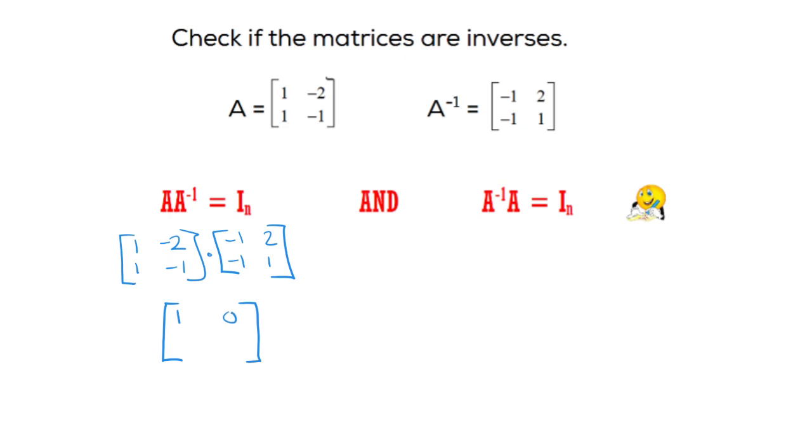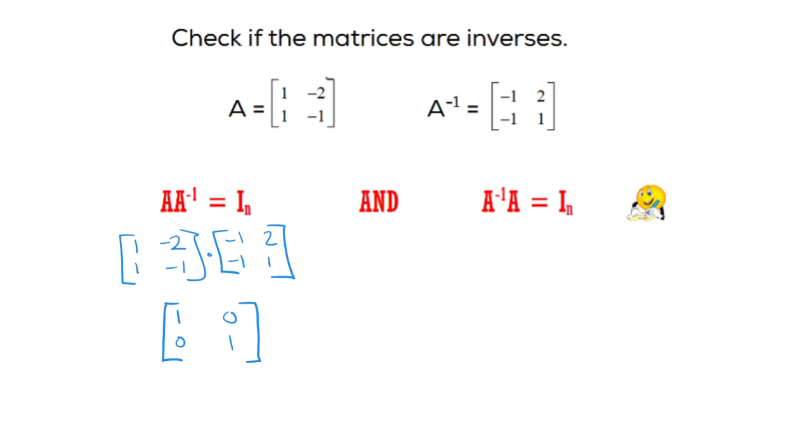That's 0. Then I have this row, this column, so that's going to be a -1 and a +1. That gets me a 0. And now I'm going to do the bottom row, last column. That's a 2 and a -1, and I got a 1. Okay, it worked. That is the identity matrix right there.